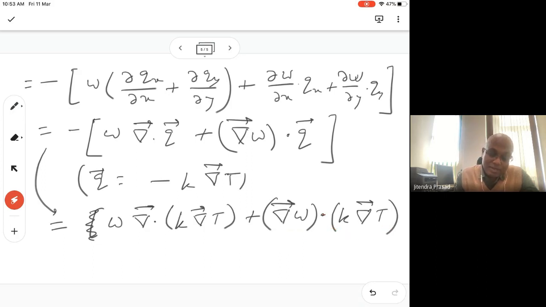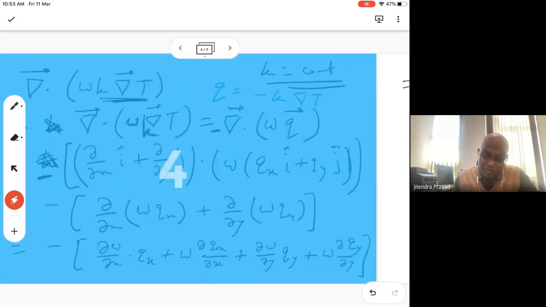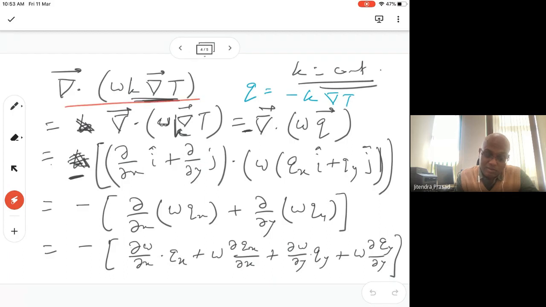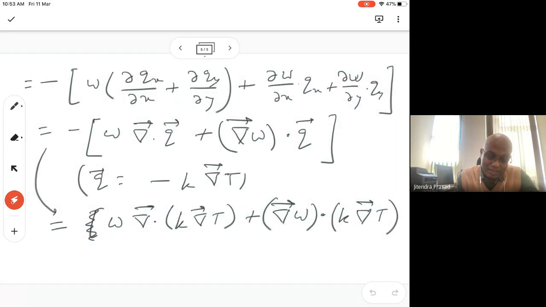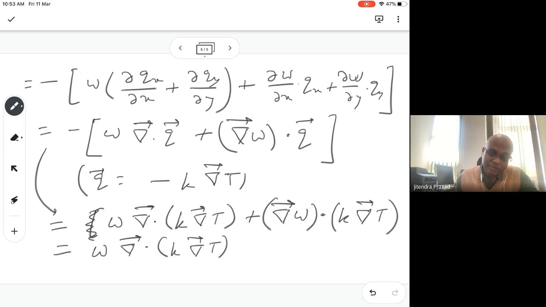So that means what? This we started from this value, right? So we started from this w. We had started from that. So this is equal to this.